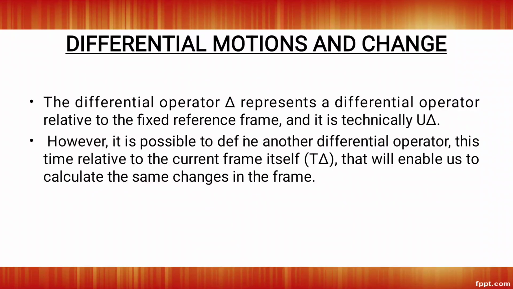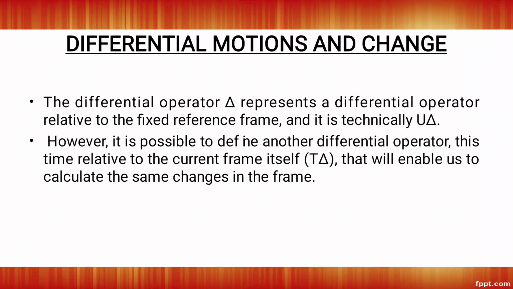So the differential operator, we can represent it by using the symbol del, a differential operator relative to the fixed reference frame. We have to describe the change in two ways. First, change measured from the fixed frame, written as del, that is how much the frame changed as seen from a fixed frame.